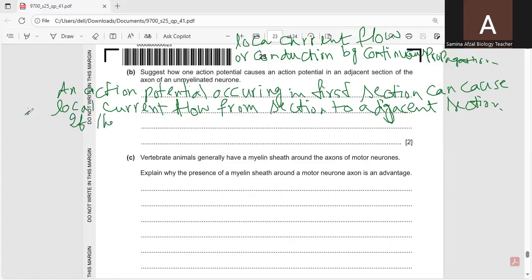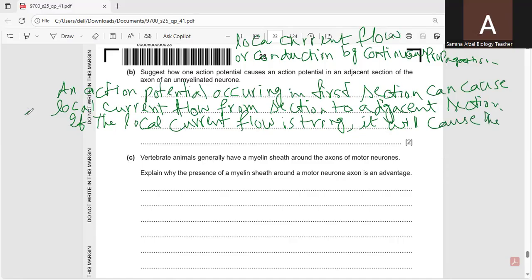If the local current flow is strong, it will cause the membrane potential in section B, the adjacent section, to reach the threshold potential.